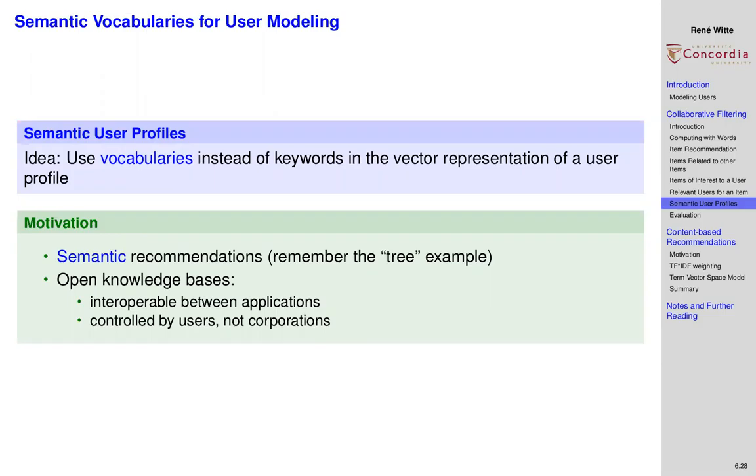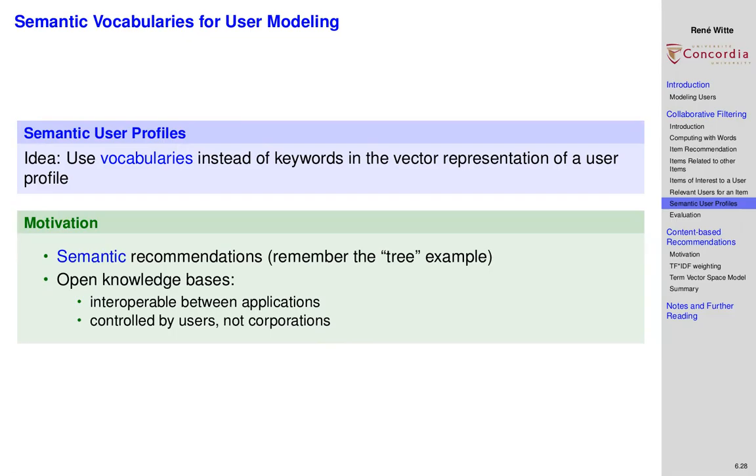The last couple of weeks, we talked about knowledge graphs and semantic vocabularies. So let's see if there is any connection between what we've done so far and what we are doing today. And indeed, people have been working on using semantic models for user modeling.